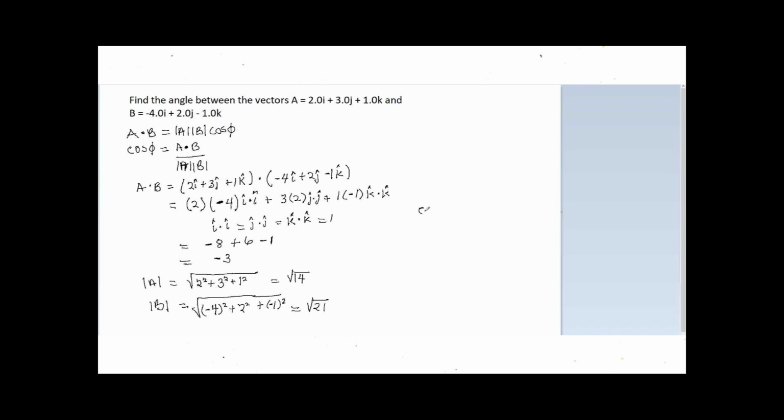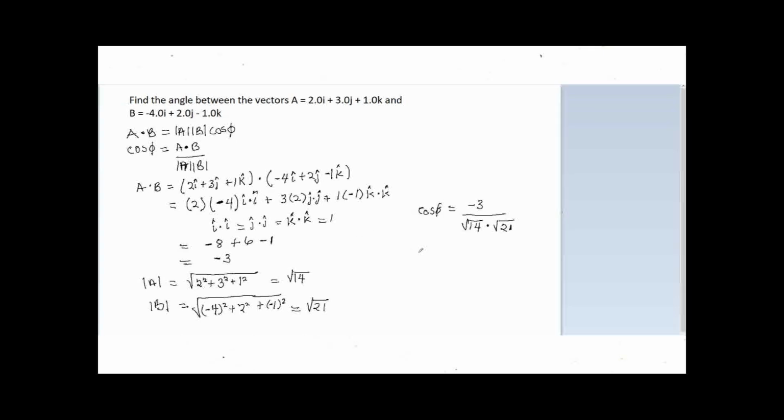We can say that cosine of phi should be equal to A dot B, remember we calculated A dot B and we had -3, so we divide this by the product of the mod of A, which is square root of 14, times square root of 21.